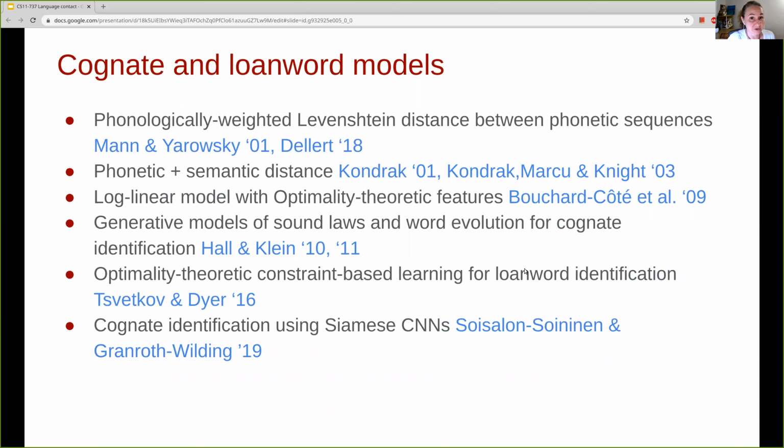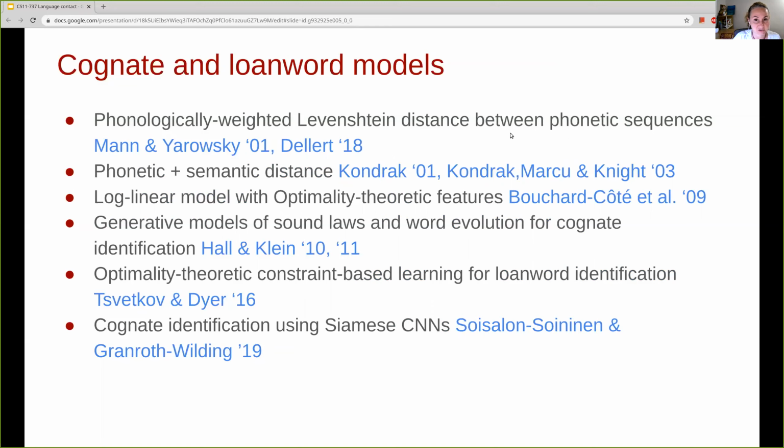So in terms of modeling, the majority of prior work focused on automatically learning phonological mapping between the two languages, and use this mapping to learn phonological and semantic similarities between the languages. So there are several types of generative models for cognate identification that focused on diachronic processing.